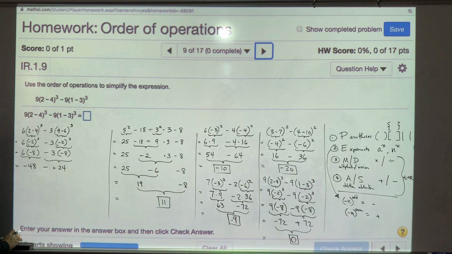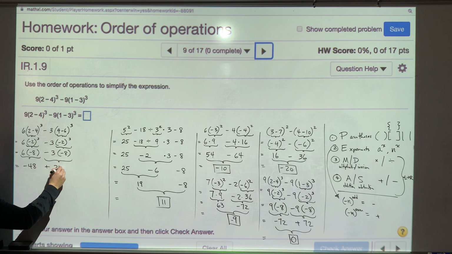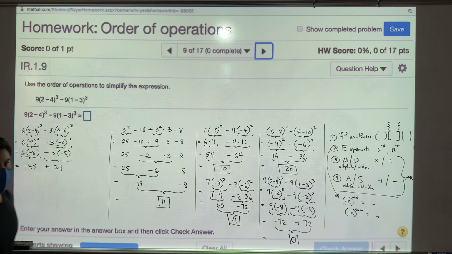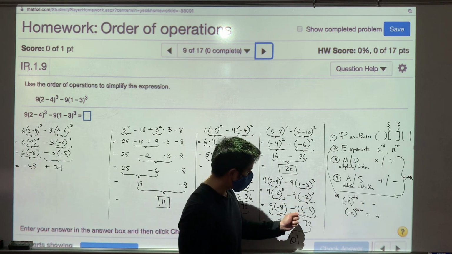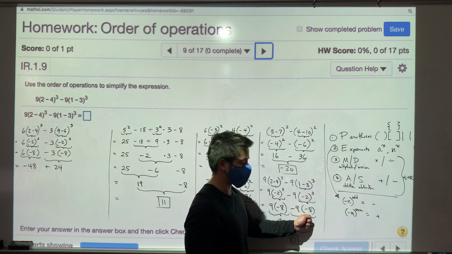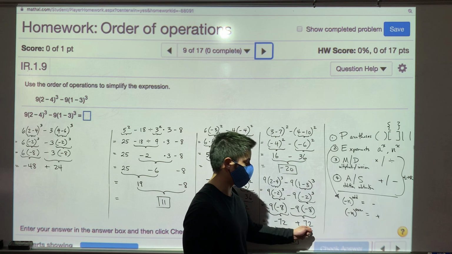Now you could do it that way, and ultimately it would end up being negative 24, but if you look at it like it's the entire sign, -3 times -8 is 24, just straight positive 24. So you're done there. Notice how in my problem, -9 times -8 is positive 72.